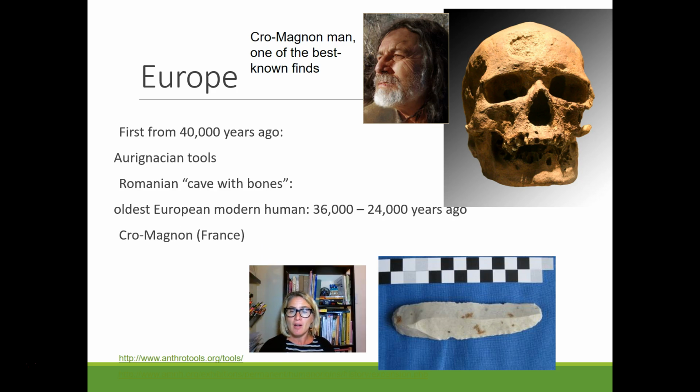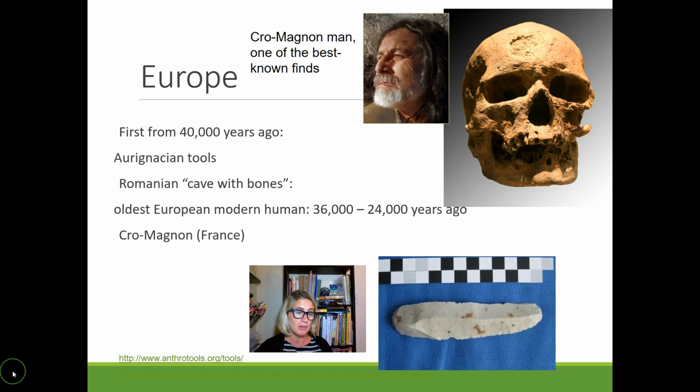We don't even have very good evidence from those very early modern humans in Europe. We have some tool evidence. We have a cave in Romania, and we have the oldest European modern humans, maybe 36 to 24,000 years old, those early fossils.